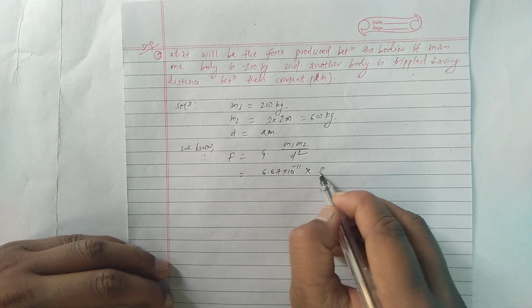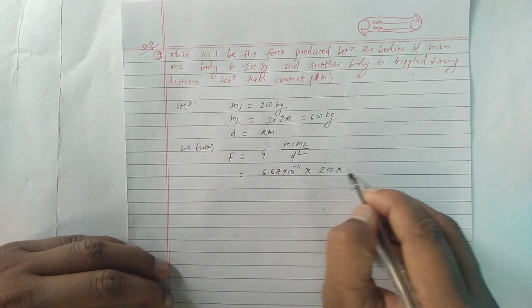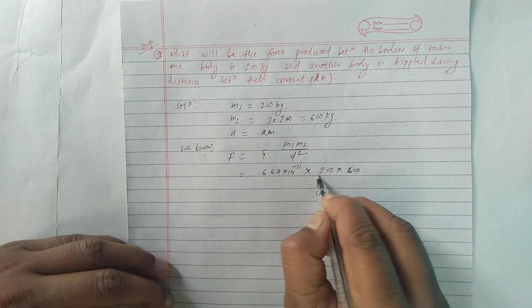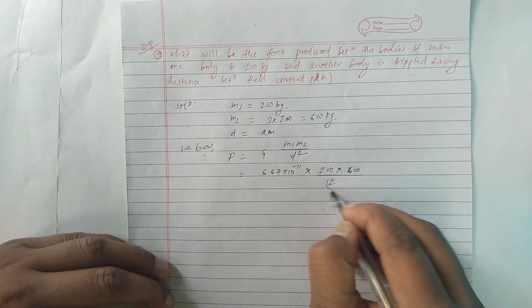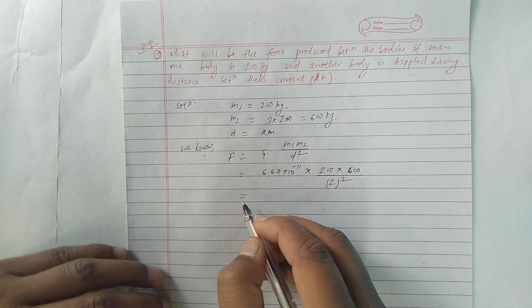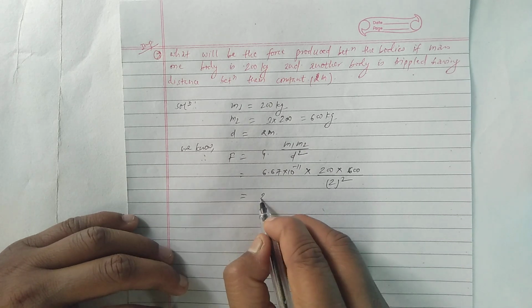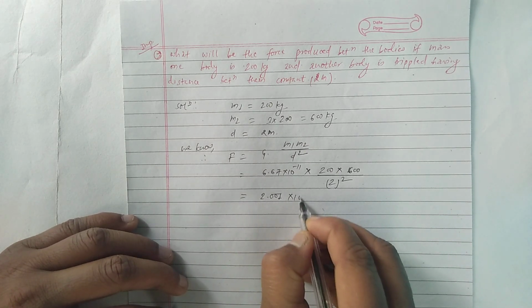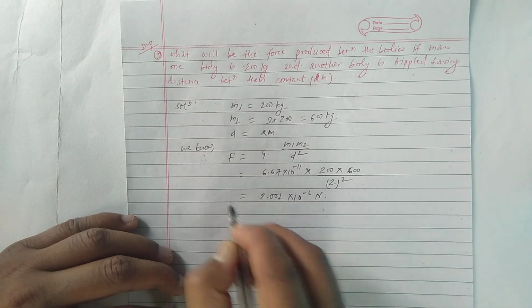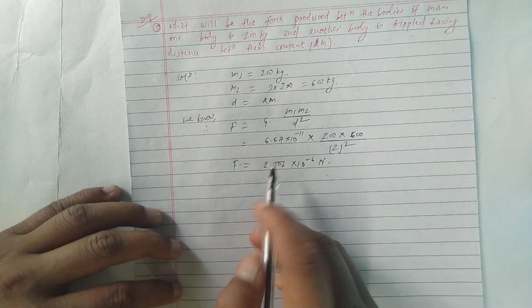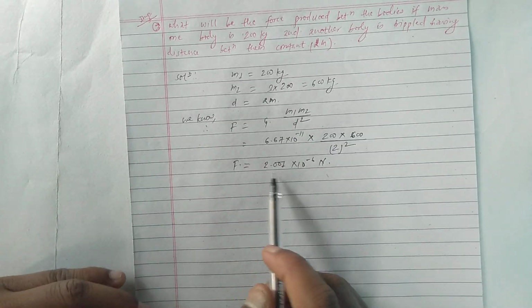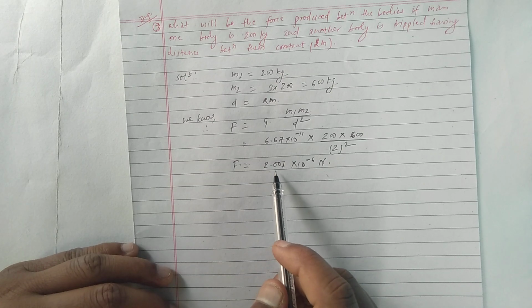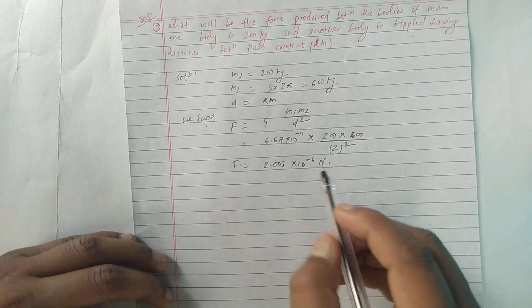The value of m1 equals 200, m2 equals 600, upon d square, meaning 2 square. If you calculate, this value becomes 2.001 into 10 to the minus 6 Newton. Hence the force of attraction between the two bodies will be 2.001 into 10 to the minus 6 Newton.